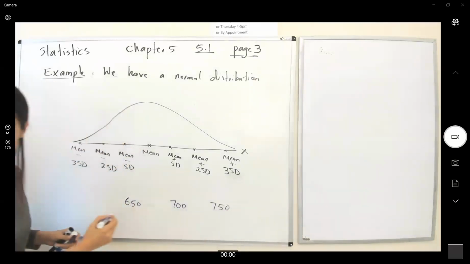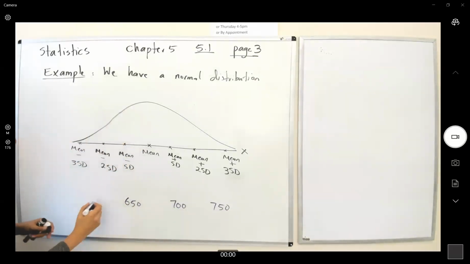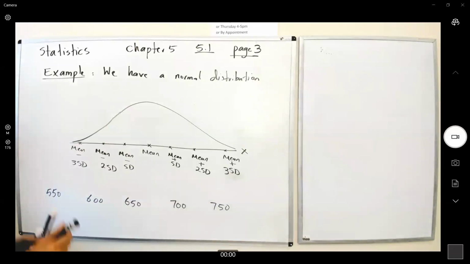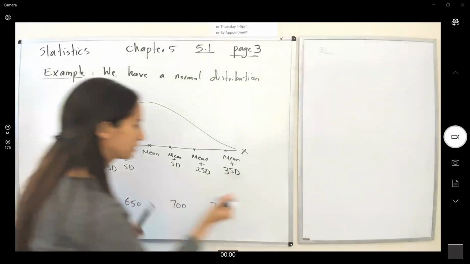So these numbers are given to you. 600, and also you have 550, which is on the far left on your graph. And also you have 800 on the far right, 800.